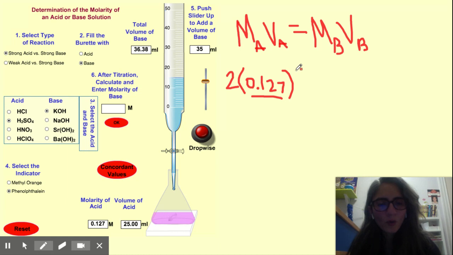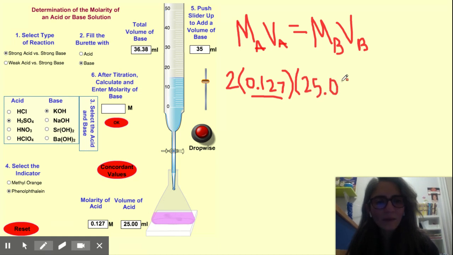And then I'm going to go volume of the acid. Okay, I actually have it down here. So that goes normal. No need to adjust anything else. Everything else is exactly the same. And then the molarity of the base is what I don't know. And then the volume of the base is actually up here, which is 36.38.